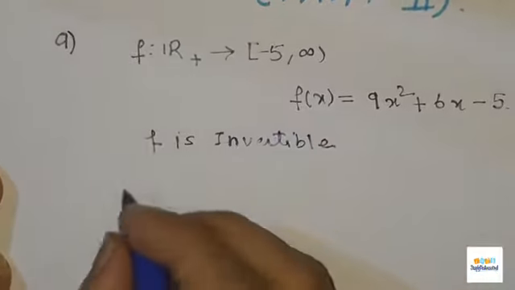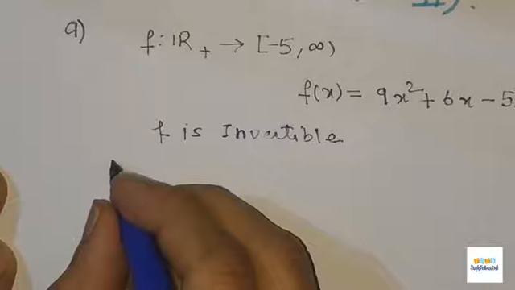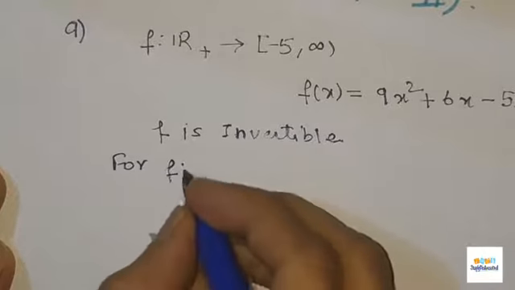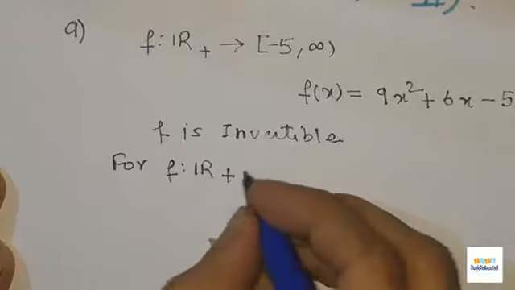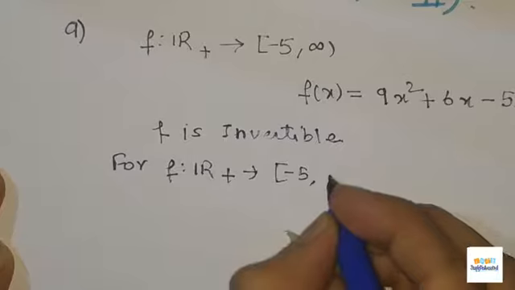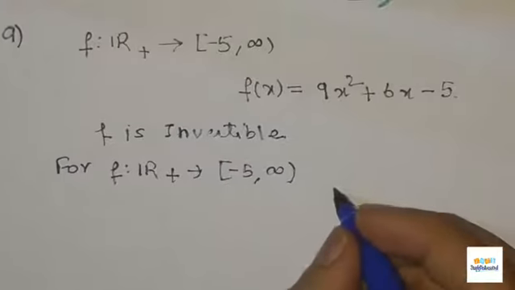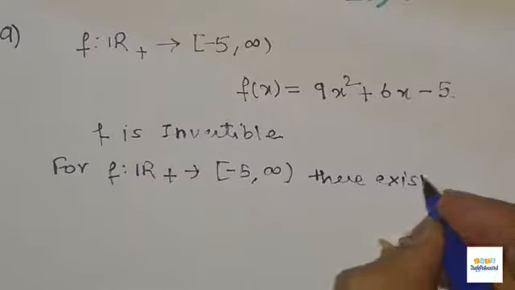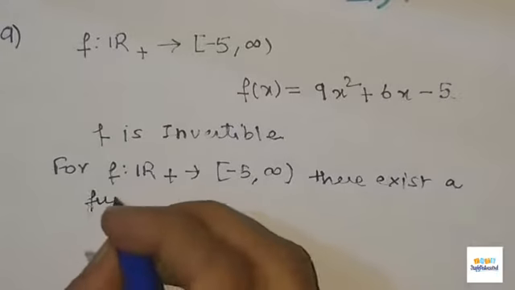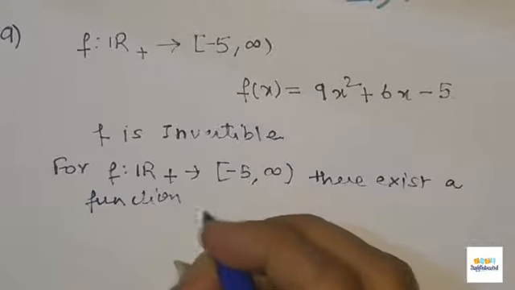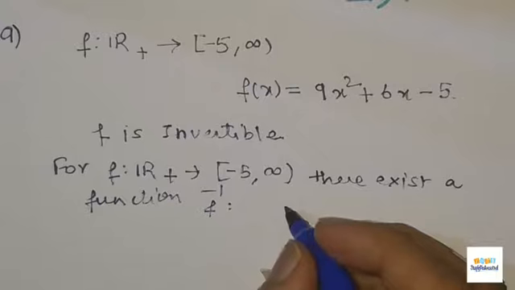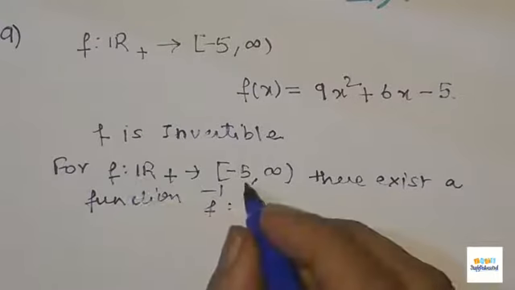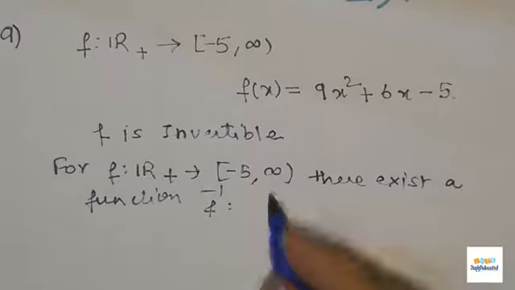that means what you have to show is, for f from R plus to closed -5 to infinity, there exists a function f inverse from the range of f, that is, -5 to infinity.